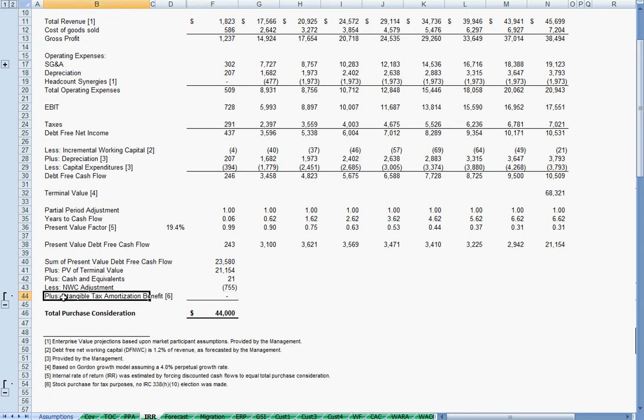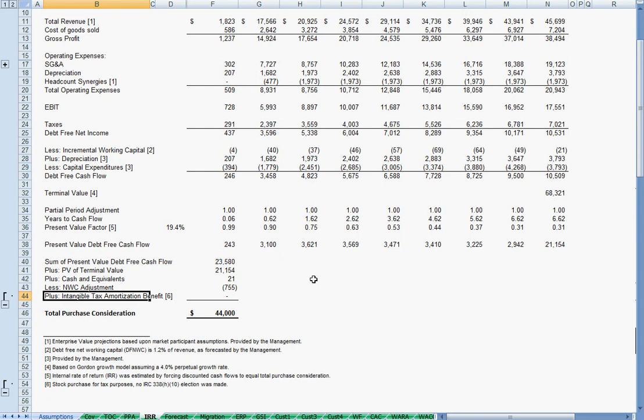In this particular situation it wasn't the case, but the intangible tax amortization benefit has to be added in the situation where the transaction is structured such that for tax purposes the intangible assets can be amortized.